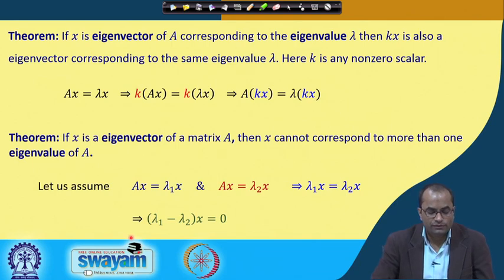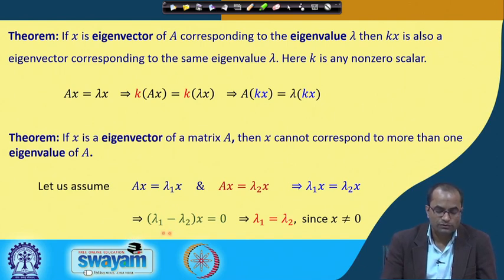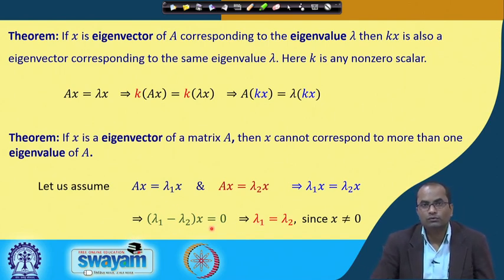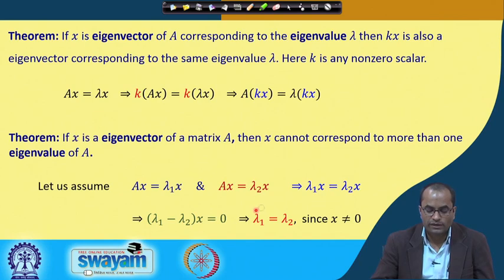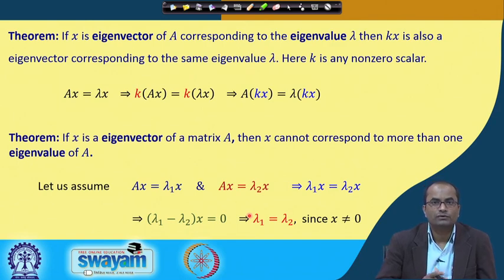So, naturally we should have lambda 1 minus lambda 2 equal to 0, meaning lambda 1 is equal to lambda 2, since x is an eigenvector. So, these two eigenvalues have to be the same; you cannot have two distinct eigenvalues which correspond to the same eigenvector.